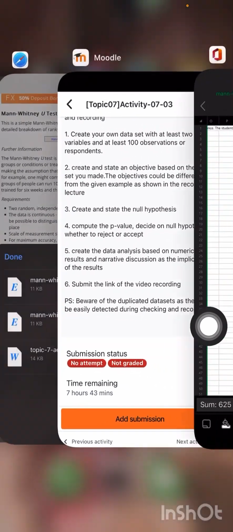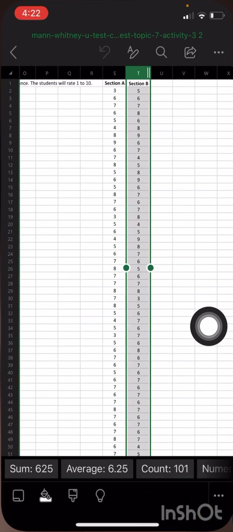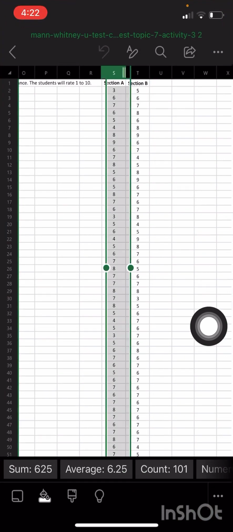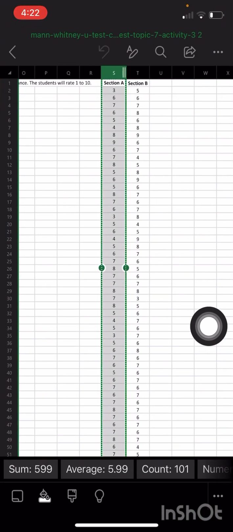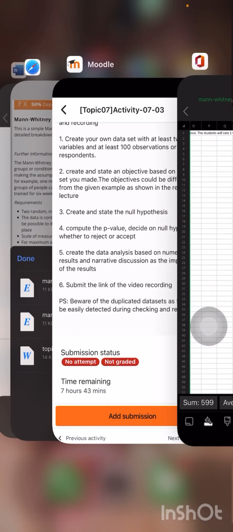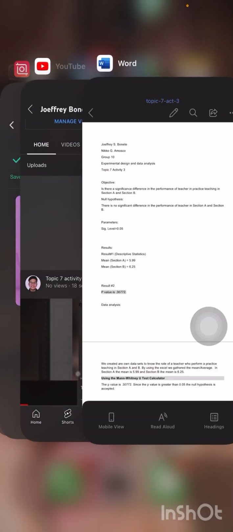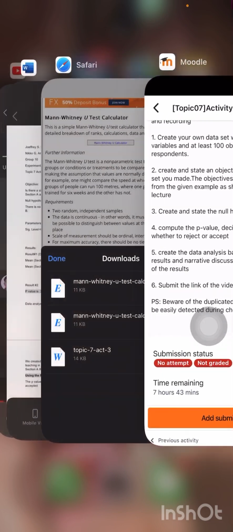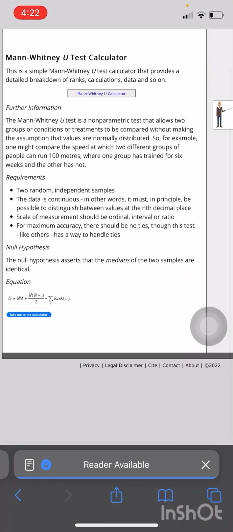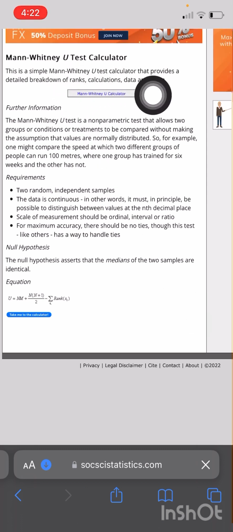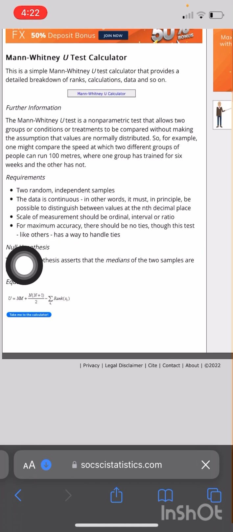So, first we will copy this section A data and paste it to the online Mann-Whitney U-test calculator. The requirements of this calculator are: 2 random independent samples.